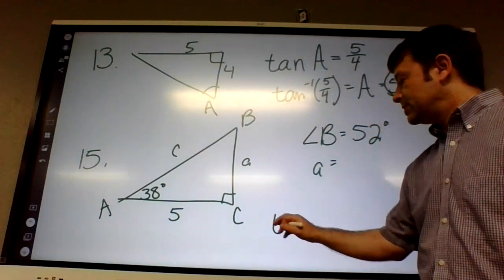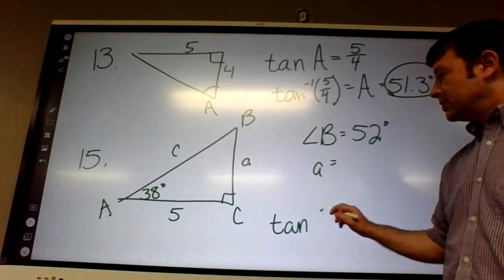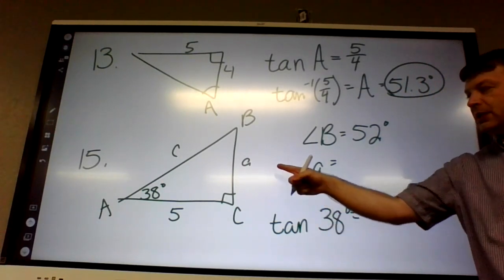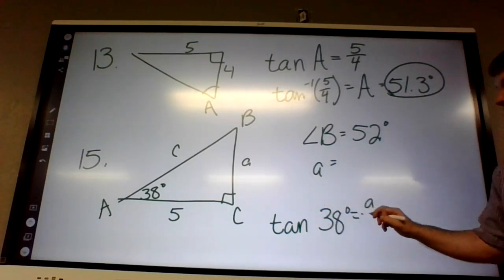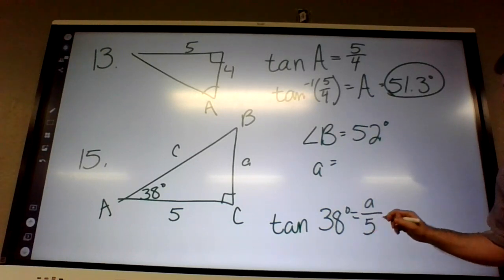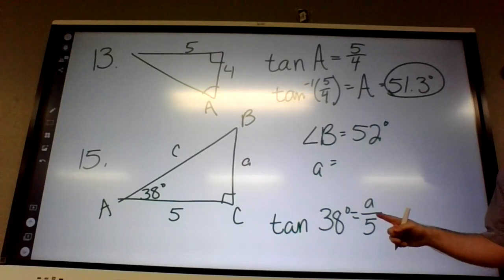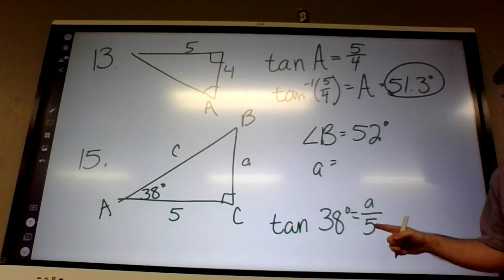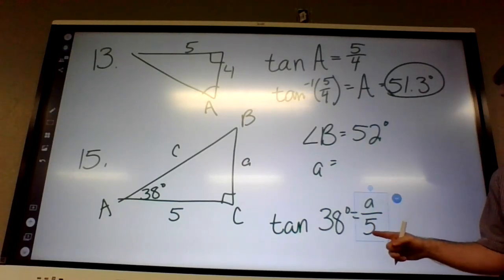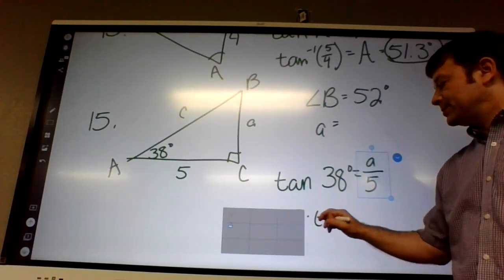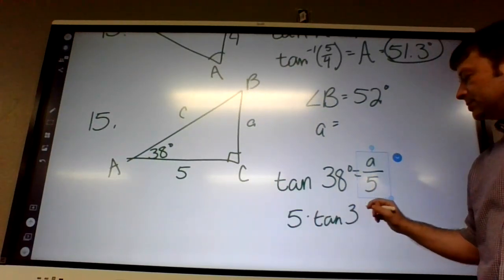So it's tangent of the angle equals opposite over adjacent. How do I solve this for A? Multiply 5. Right, since it's A divided by 5, to get rid of the divide by 5, you just multiply by 5. So it's 5 times tangent of 38.